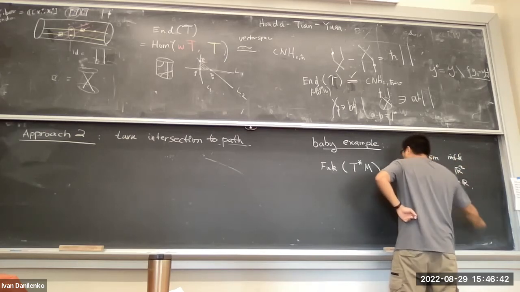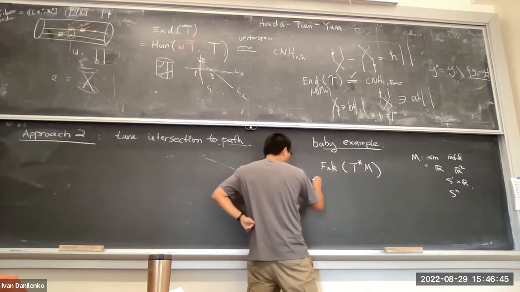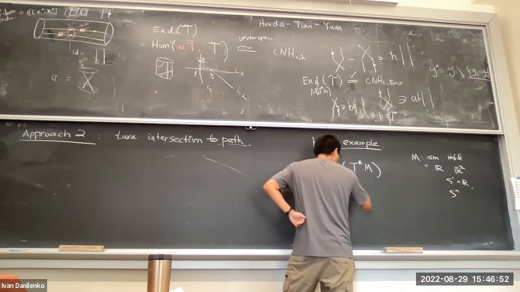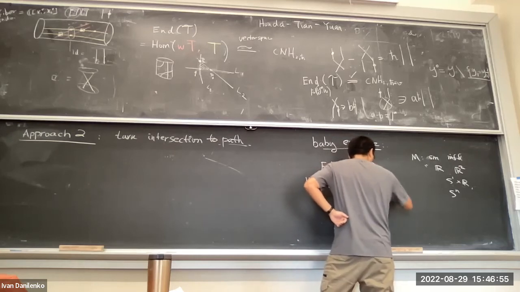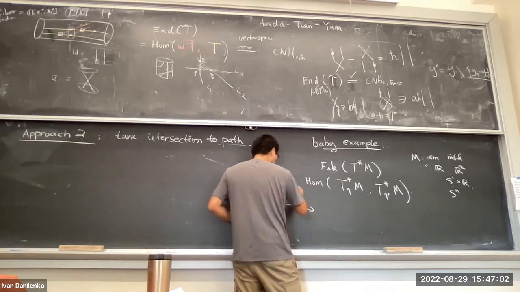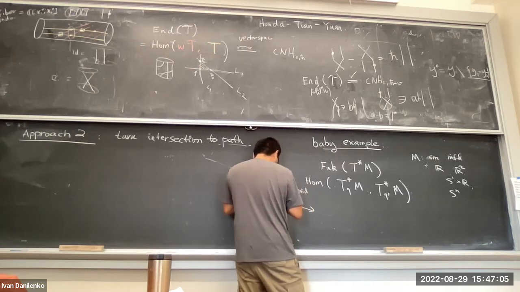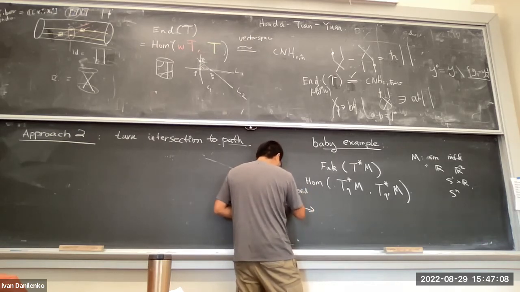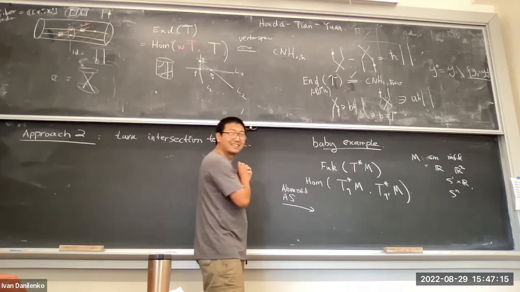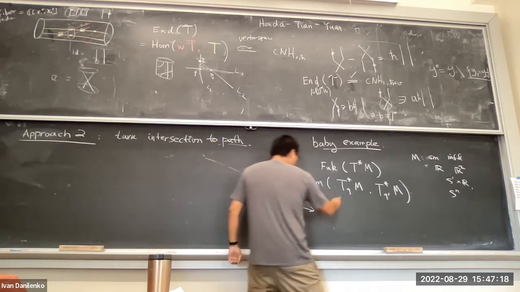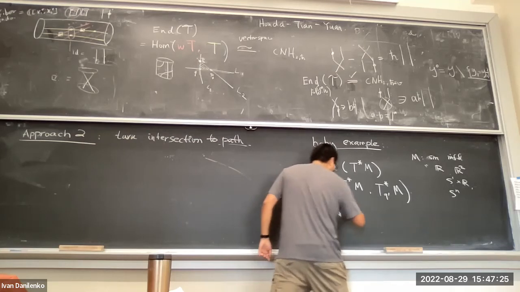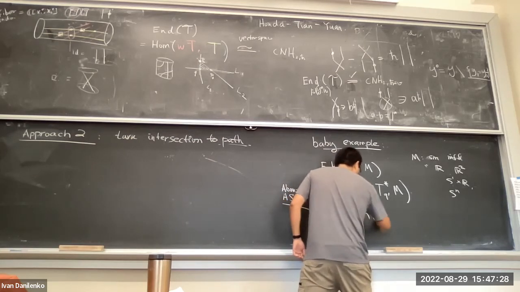If I want to compute the Floer theory from two cotangent fibers, there is a result of Abouzaid and also some earlier results by people, that you can compute this and turn this into paths from Q to Q.